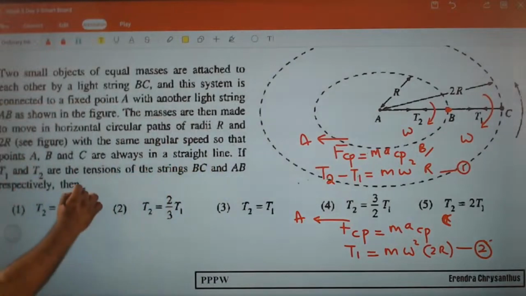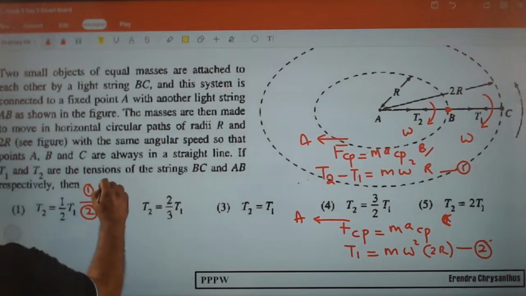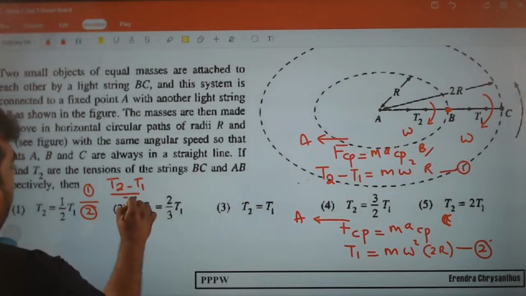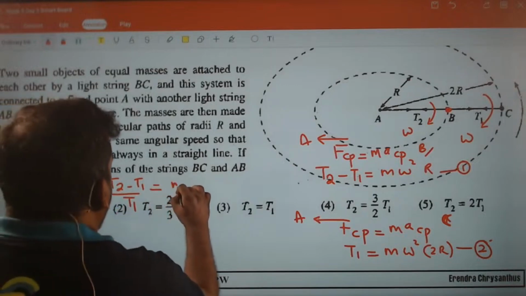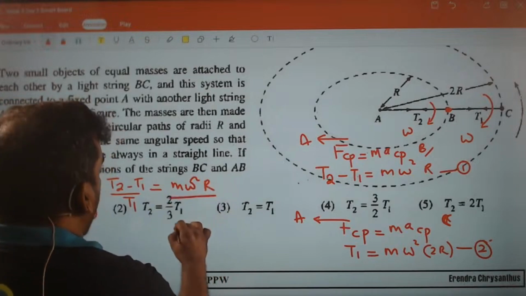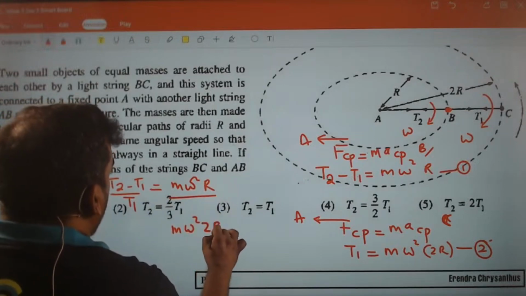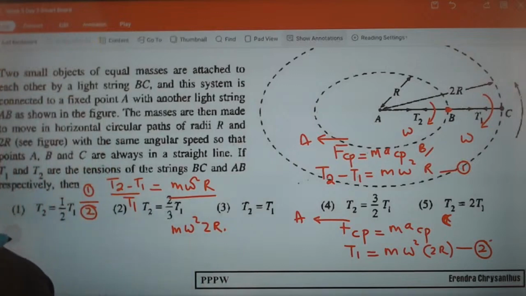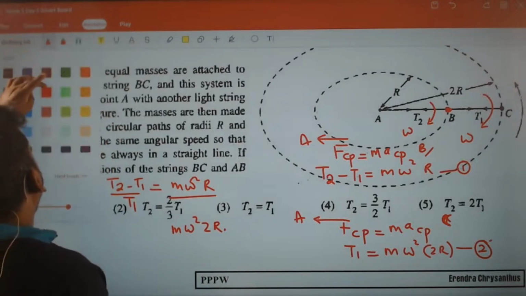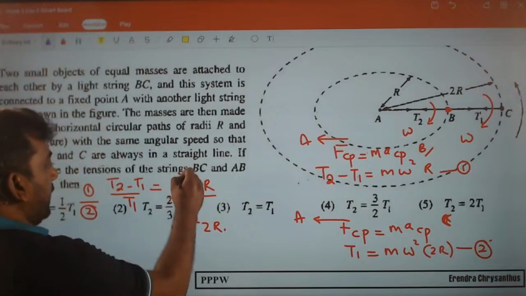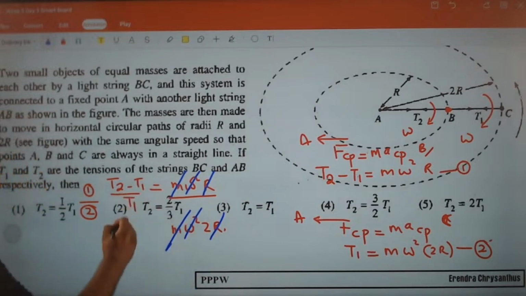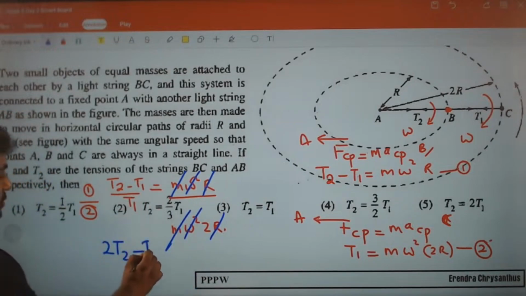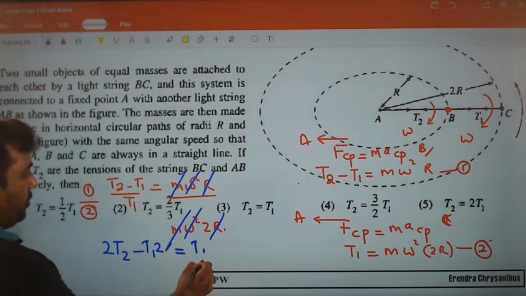What can you say? Let me divide equation 1 by equation 2. If I divide, what will I get? T2 minus T1 divided by T1 equals m omega squared r divided by m omega squared 2r. From this, what can you say? m omega squared r cancels out. Cross multiply: 2 times T2 minus 2 times T1 equals T1.